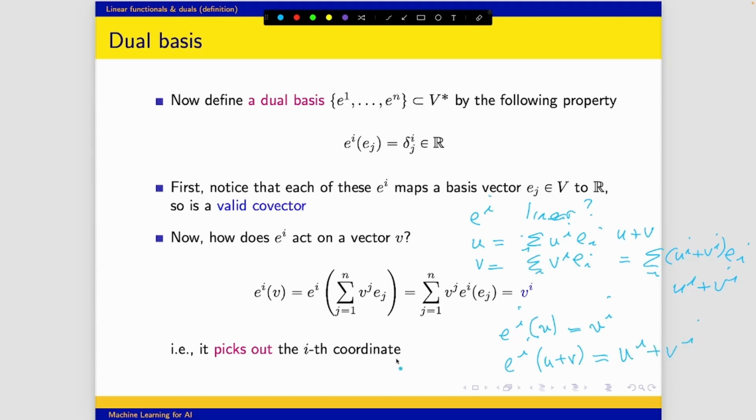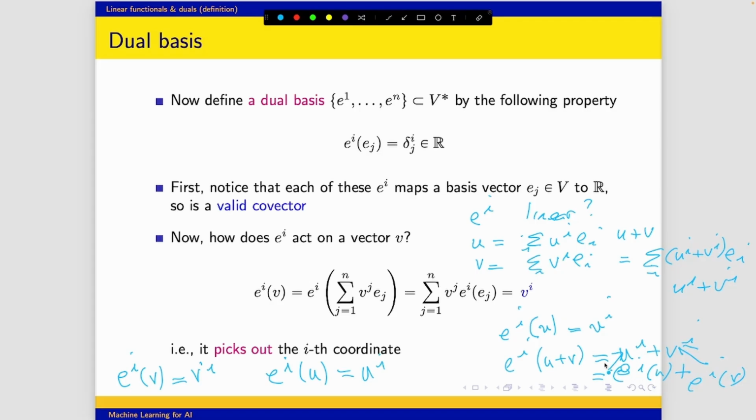Well, what's this? If we acted on U, we would get UI. And if we acted on V alone, we would get VI. So this is precisely EI acting on U plus EI acting on V. So we do get linearity.